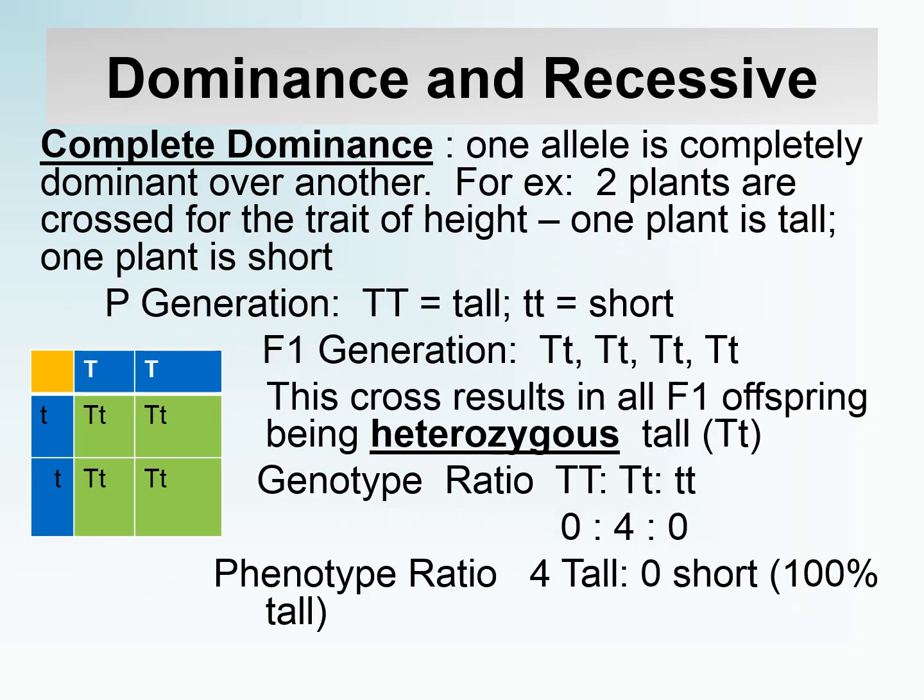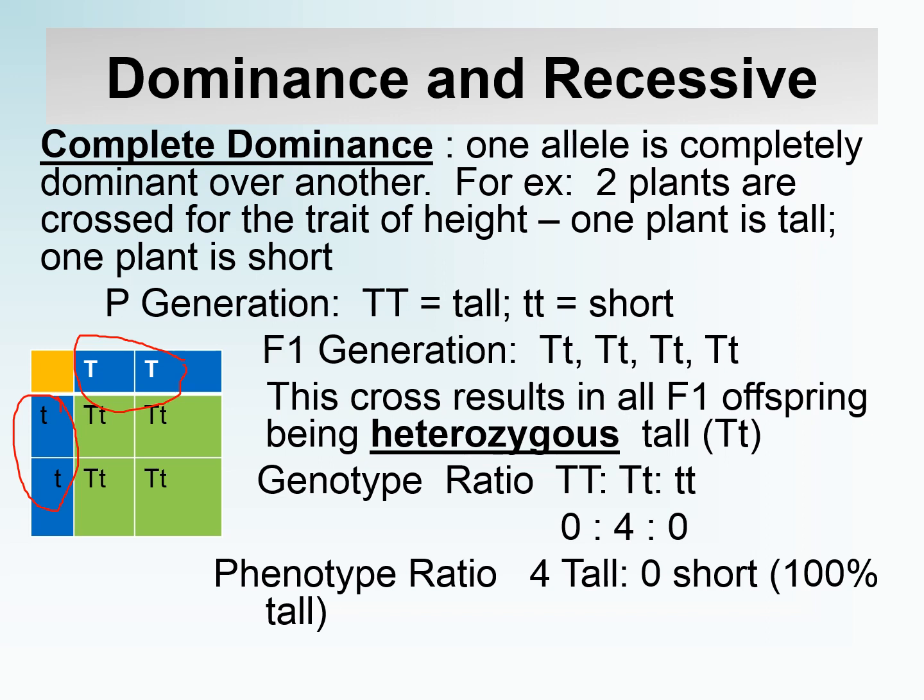Now, the previous PowerPoint had examples of monohybrid crosses where you were looking at complete dominance, and that's when one allele is completely dominant over another. For example, if we take two plants and cross them for the trait of height, let's say we cross one parent plant that's tall and one parent plant that's short.